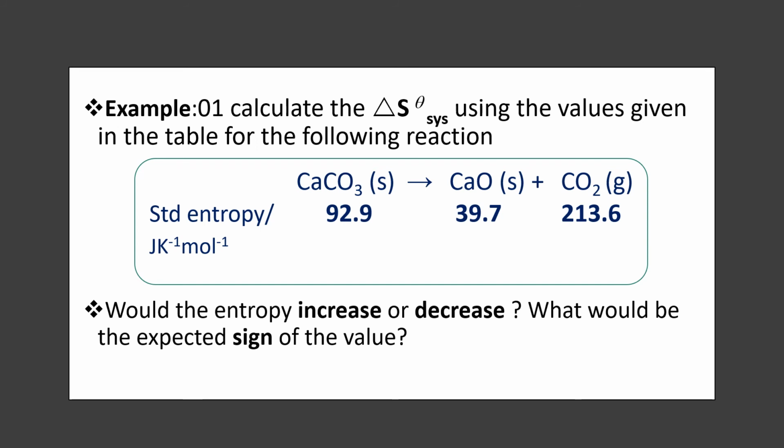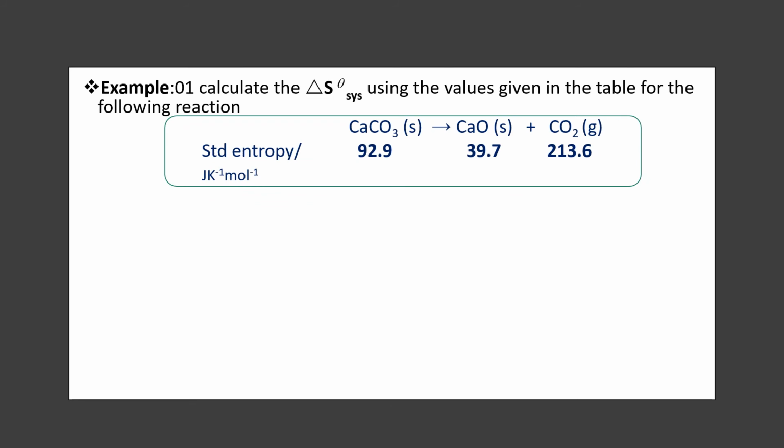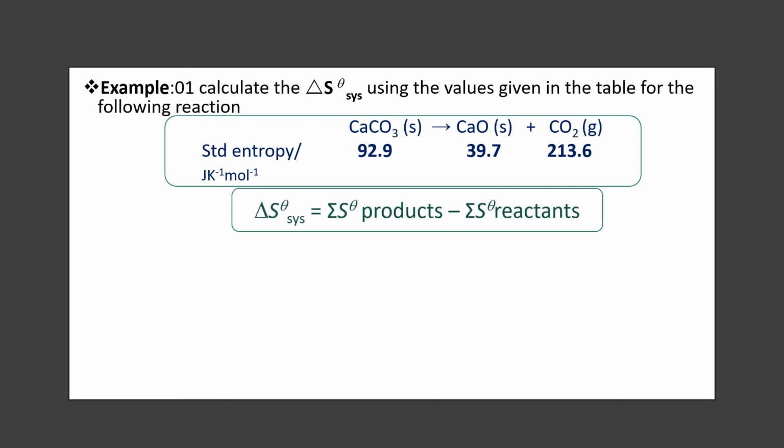All right, now let's work out the calculation and see if what we have predicted here is true or not, whether we get a positive value or not. Are you ready? Okay, so our first step will be to write the expression. Remember, this is one expression that you have to keep in mind, that you have to remember by heart.